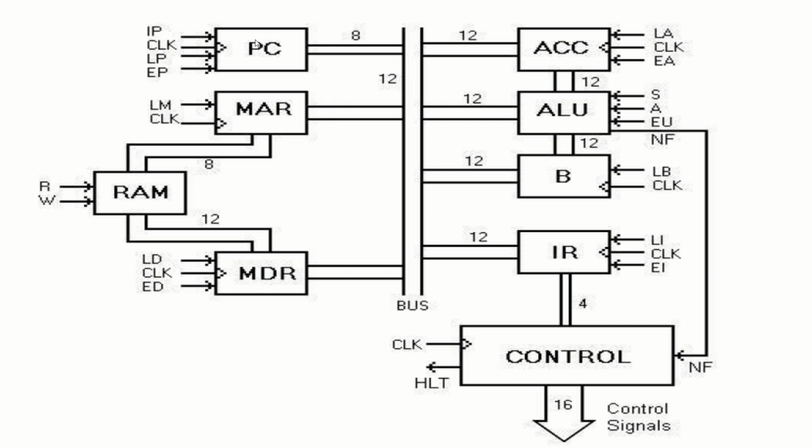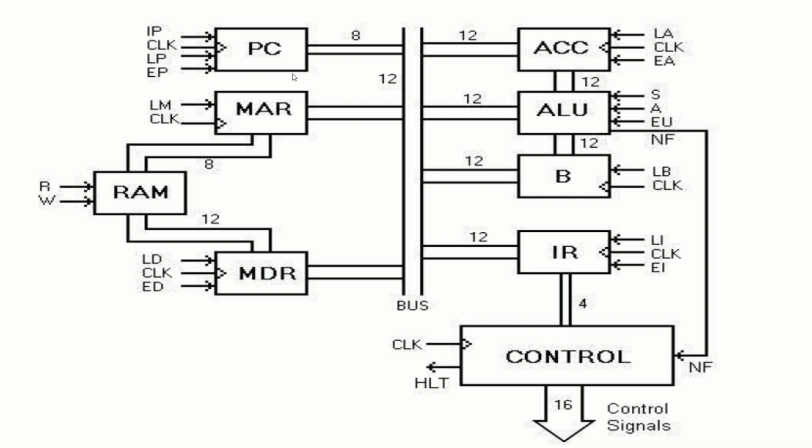LP is load program counter, that is we will load the address of the next instruction into the program counter, and enable program counter is that we will transfer the address of the next instruction to be performed from the program counter to our bus.